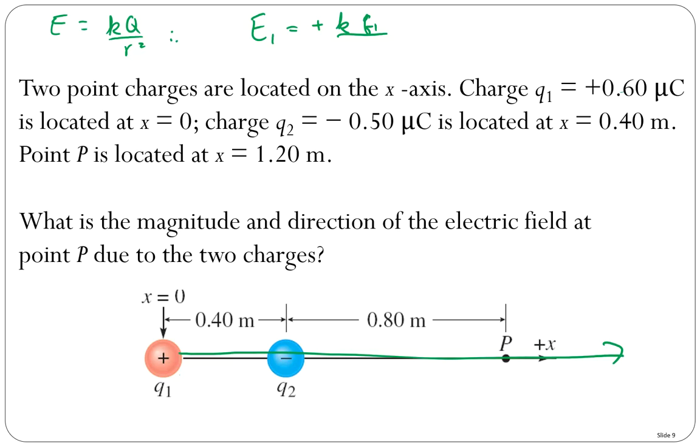If I had a positive charge here, its force would be that way. It'd be repelling. Wait, is P not a point charge? P is a point where I'm putting a test charge. A test charge by definition is: if I were to put a positive charge here, what would happen to it?